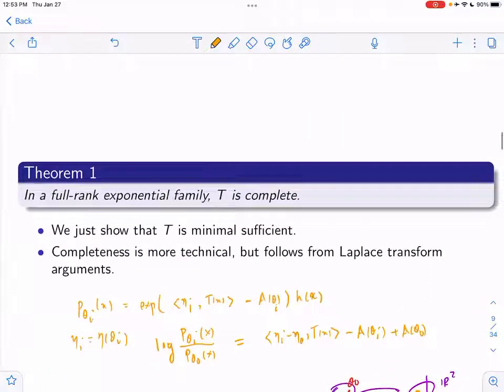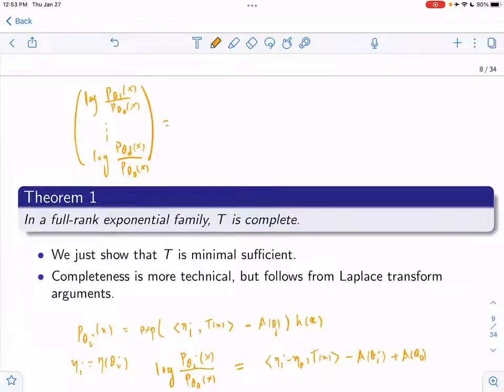So log p theta 1 of x over p theta naught of x, up to log p theta d of x over p theta naught of x, is going to be equal to eta 1 minus eta naught transpose T of x, up to eta d minus eta naught transpose T of x, and then plus these constants, which I'm going to ignore.